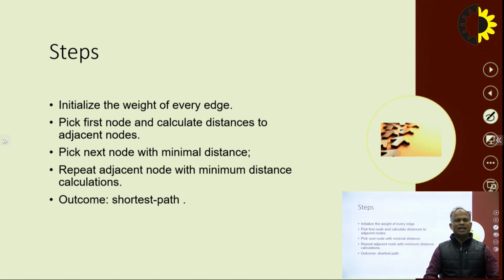Basically here we have a network, and this network may be a road network, this network may be a computer network, so it may be any network, and this network is being represented in the form of a graph, and we have positive weights for this particular graph. Then we can apply this algorithm, and these are the listed steps. I'm mentioning these steps one by one.